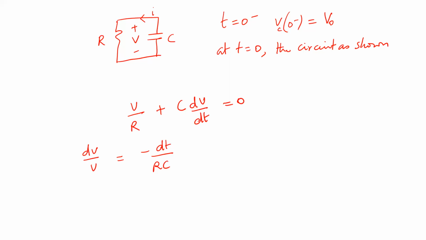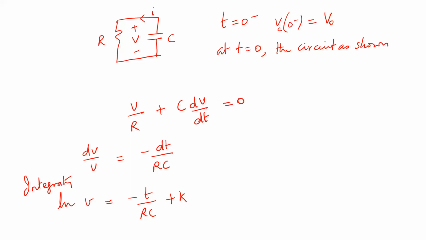Now if you integrate, you get natural logarithm of V equal to minus t by RC plus some integration constant k.